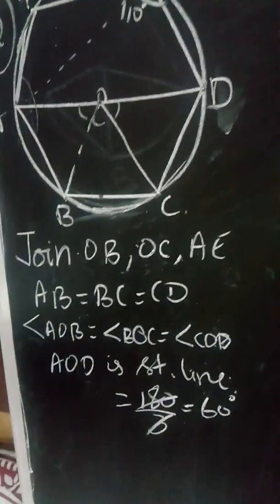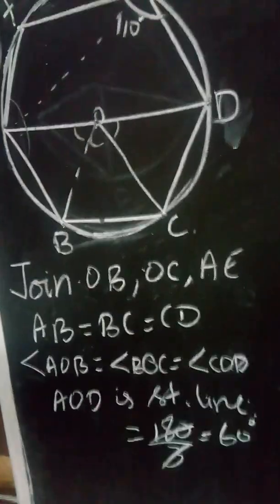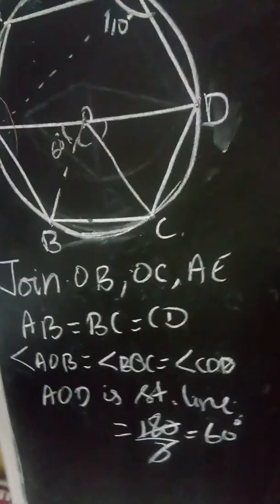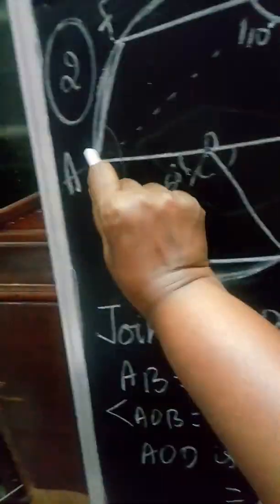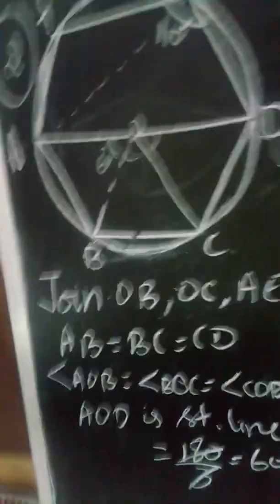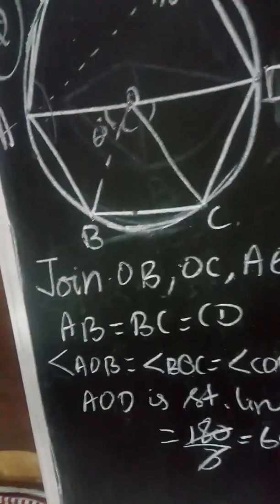Okay. Now, we have finished with this. So this is 60 degree. We'll keep it like that only. Now, if you see here, OA and OB, OC and OD are the radii of the circle, and they are equal.